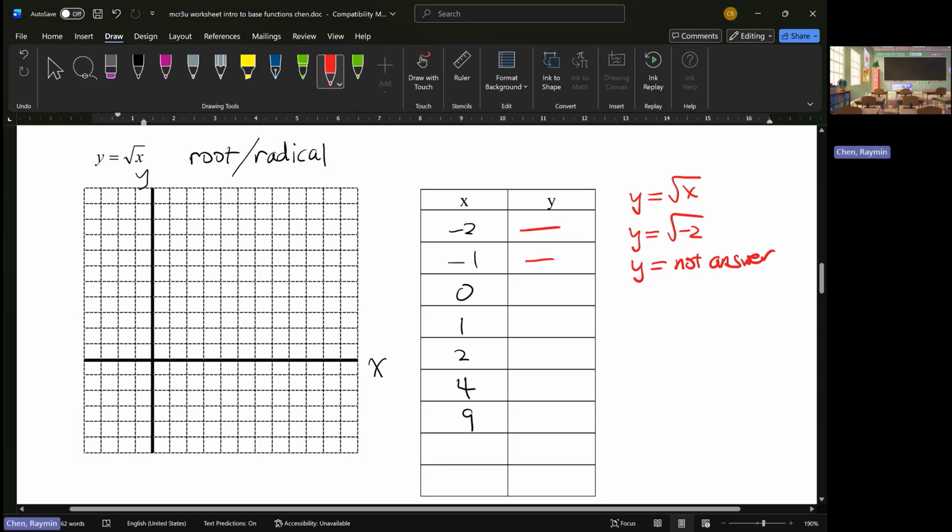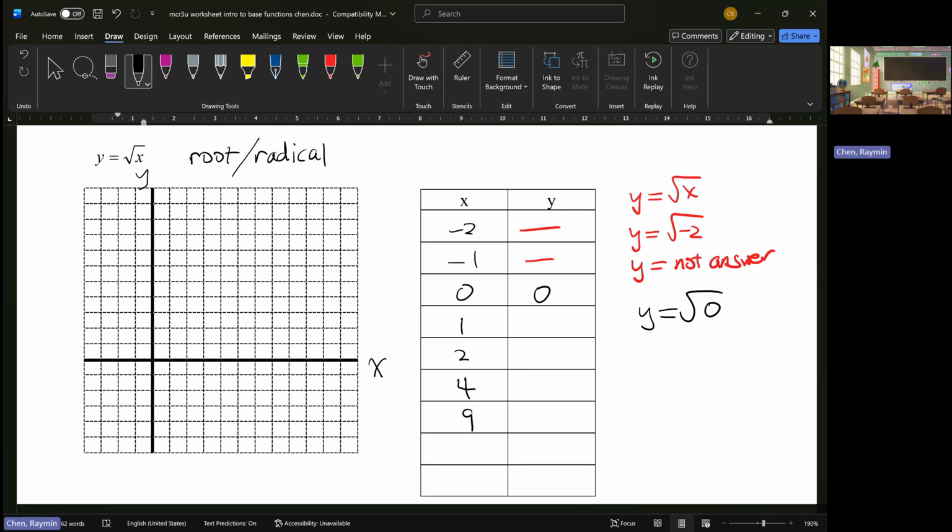Plug in -1, no answer. But this is why when I was talking on Wednesday's class, the square root of 0, and just to check my work, the square root of 0 is actually an answer. So 0 is the output when you input x is 0, y is 0.